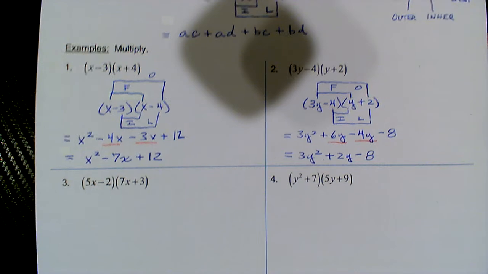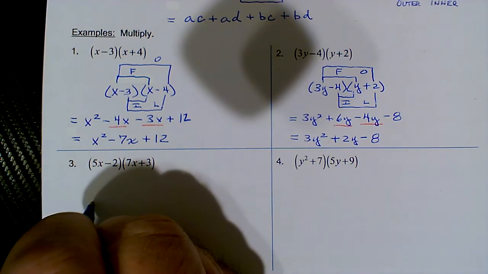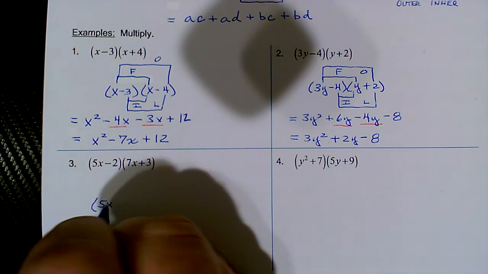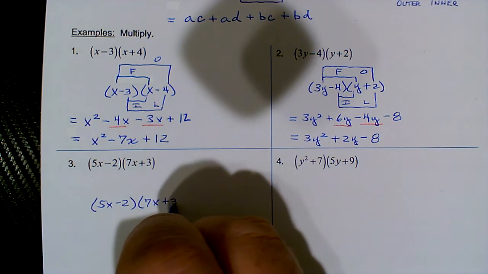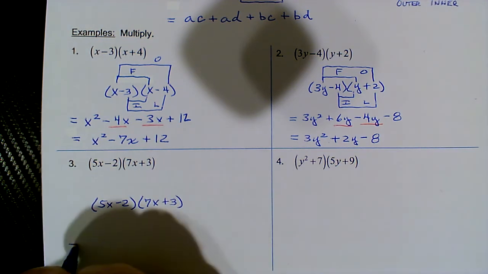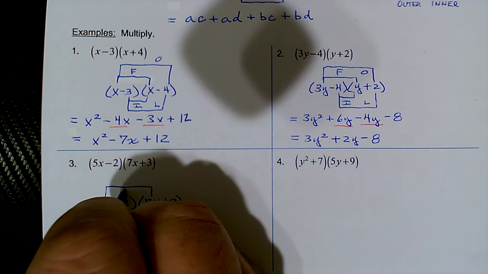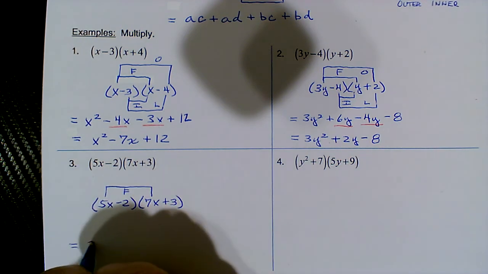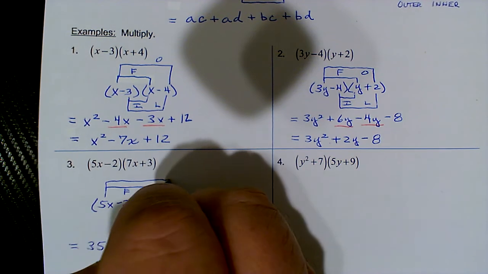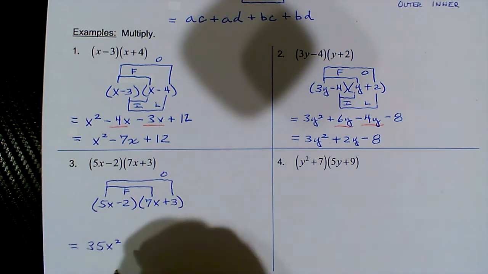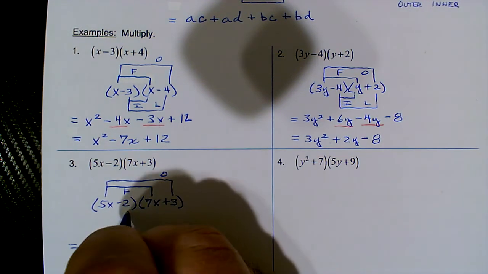Okay, so kind of redundant here, I guess, but just more practice. I'll recopy 5x minus 2 is a binomial, times 7x plus 3 is a binomial, product of the first. Okay, so numbers could get large on occasion. 5 times 7, 35, x times x, x squared. Outer terms, 5x times 3, 5 times 3 is 15, carry the x.